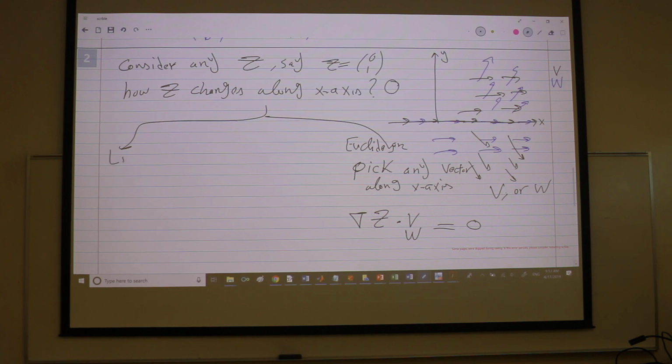Here for Lie brackets, let's compute the Lie derivative of Z with respect to V, and the Lie derivative of Z with respect to W. What are these? Well, remember this is partial Z, partial q's times V minus the other way around.